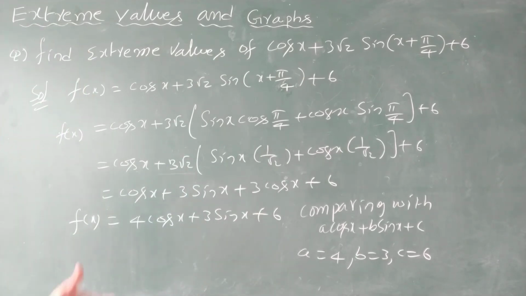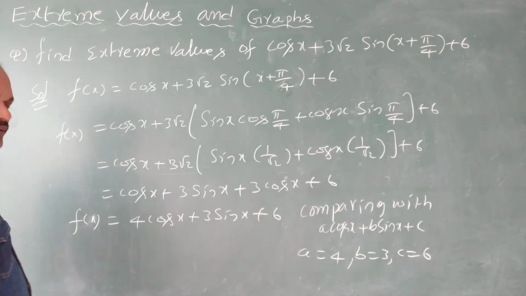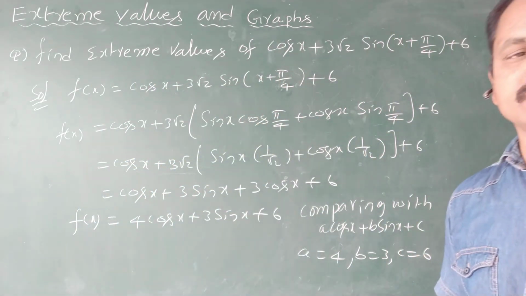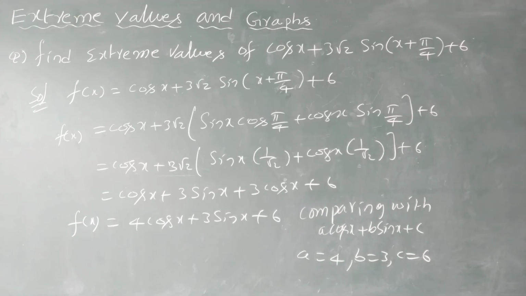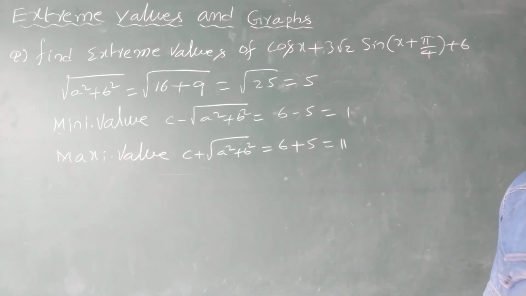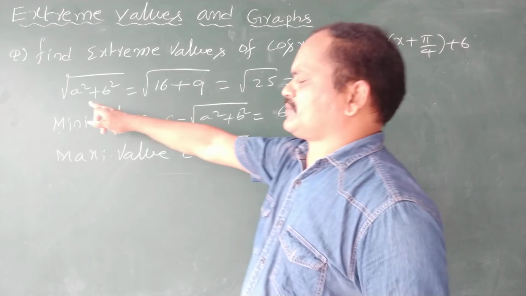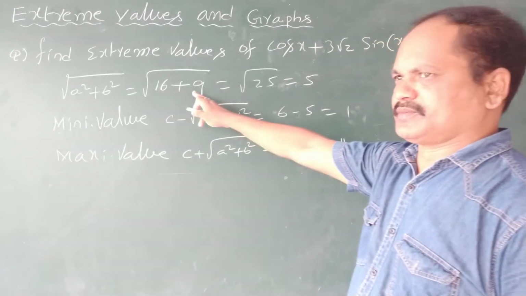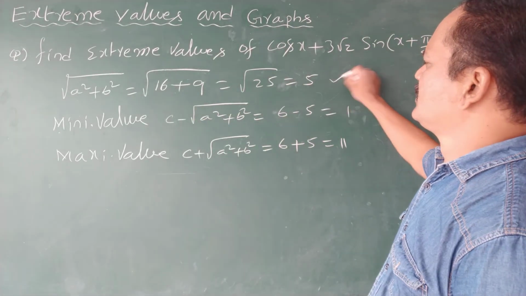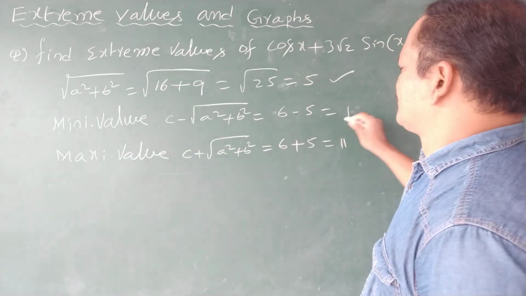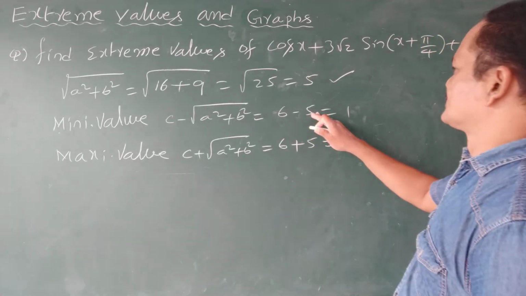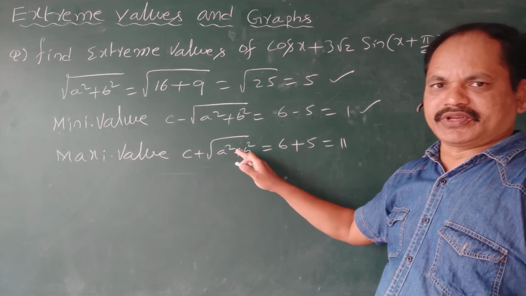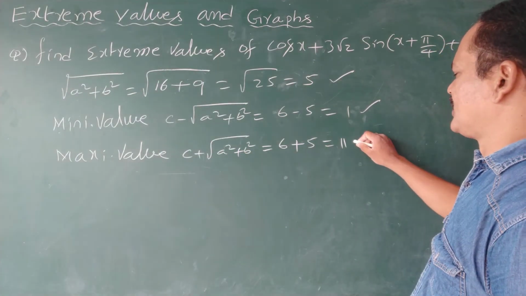Now we have to write the formula. Minimum value is c minus root a square plus b square, maximum value is c plus root a square plus b square. Here a is 4 and b is 3, so root of a square plus b square is root of 16 plus 9, which is root 25, that is 5. So the minimum value is 6 minus 5, that is 1, and the maximum value is 6 plus 5, that is 11.